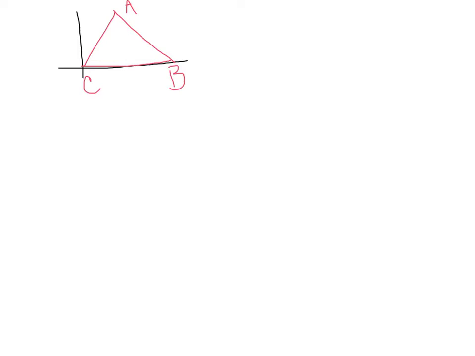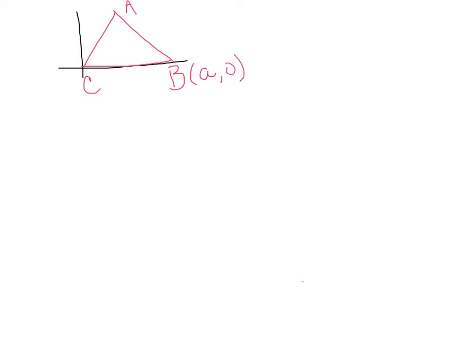To prove the law of cosines, we'll draw a triangle on the coordinate plane. It doesn't matter really if you draw an acute or an obtuse triangle, but the angle here is theta. There's theta. And we're going to align angle C, which is theta, on the origin. Angle B will have coordinates A, 0.